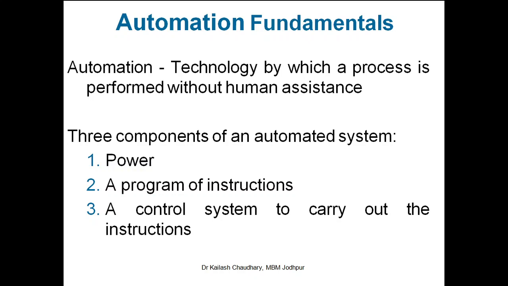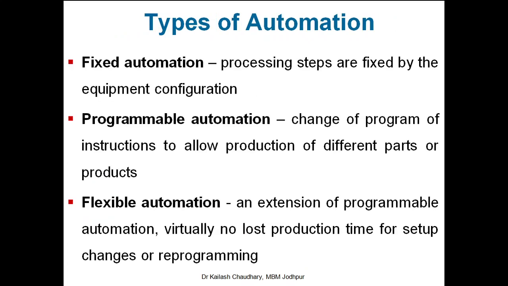Similarly, you always need one control system that takes care of the process, whether it is going the right way and whether it is under control. It doesn't go beyond the lower and higher limits of the parameters we are assigning. So you always need a control system to control the whole process.